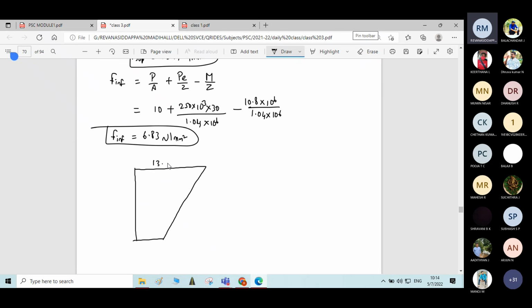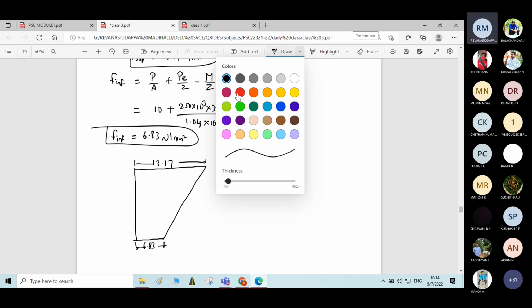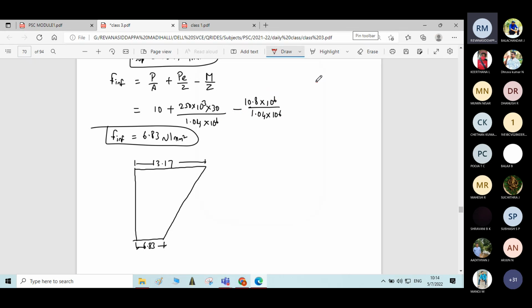13.17 and 6.83. Correct? Now, the question is to locate the centroid of this diagram from the bottom fiber. Let me write the resultant thrust line location.